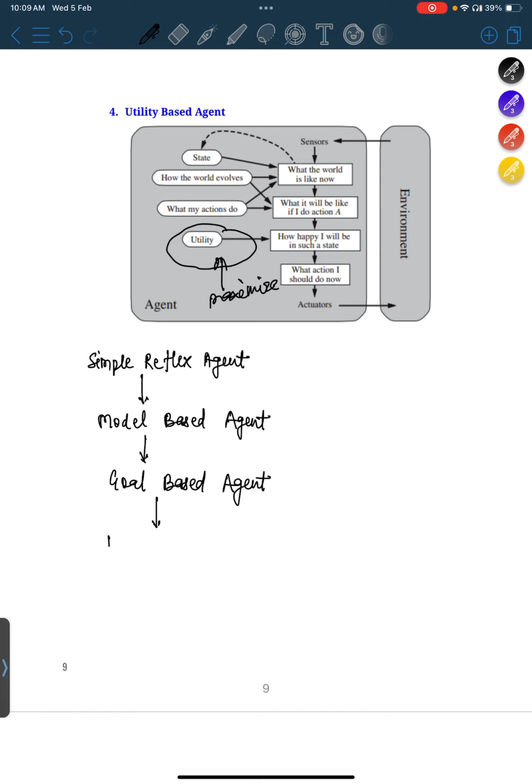That's where we introduced the concept of utility. Now the agent will try to maximize its performance measure. This performance measure can be defined, for example, for a taxi driving agent, as the maximum profit that can be generated, and so on.